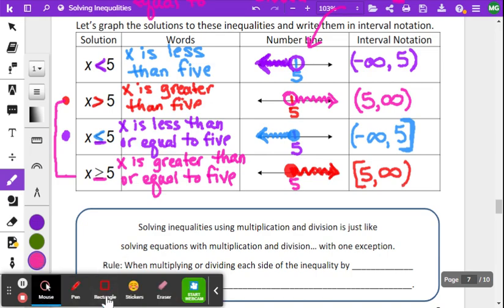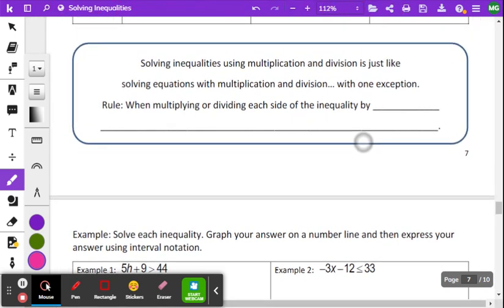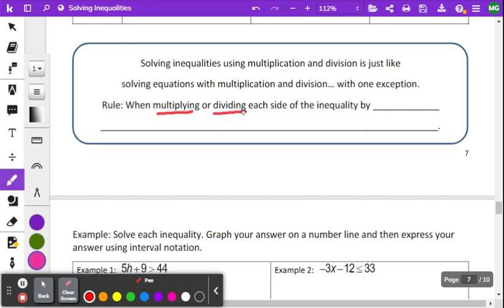Looking down here, I want to just remind you, when we're solving inequalities that use multiplication and division, it's just like solving equations, except for one little thing that we have to remember. And that is when we multiply or divide an inequality by a negative number, we must reverse the inequality symbol.